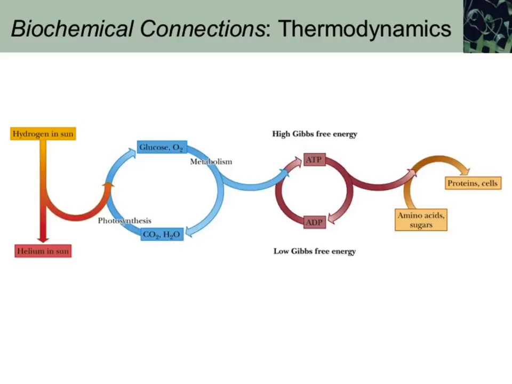Broke it down into CO2. The CO2 then feeds back into this cycle. Okay? That ATP then goes out, can generate amino acids, sugars, combine those, make larger structures, proteins, DNA, RNA, carbohydrates. It's all coming from starting way up here. Okay? This whole process starts because we have a stupid high amount of energy.